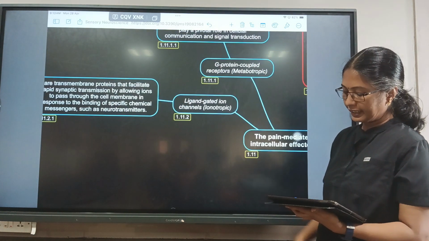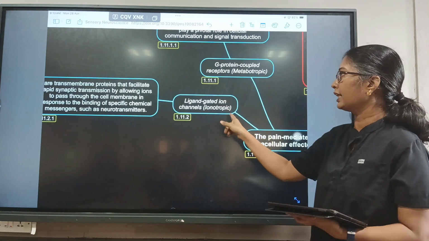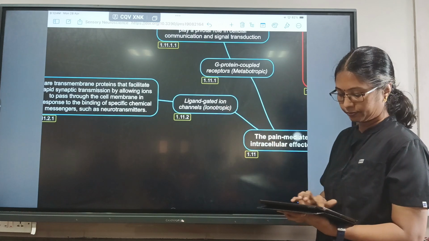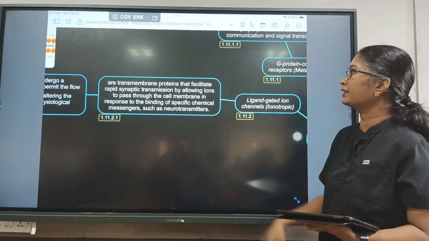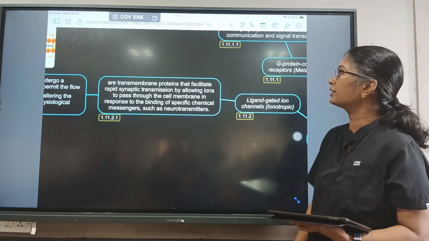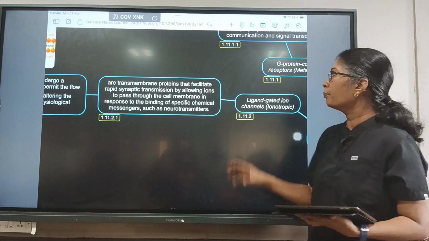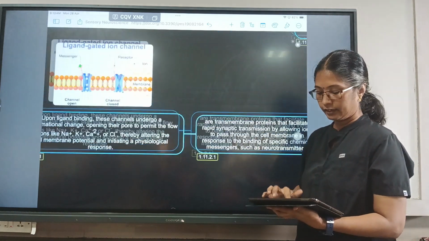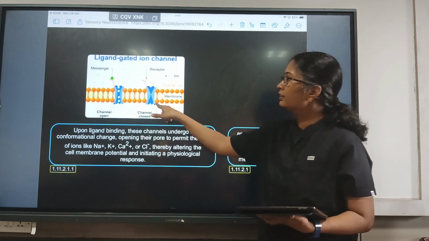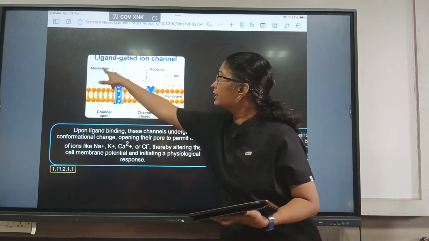And the next is ligand-gated ion channels, which are ionotropic. These are transmembrane proteins that facilitate rapid synaptic transmission by allowing ions to pass through the cell membrane in response to binding of specific chemical messengers such as neurotransmitters. So we can see the ion channels here. This is the receptor and this is the messenger.